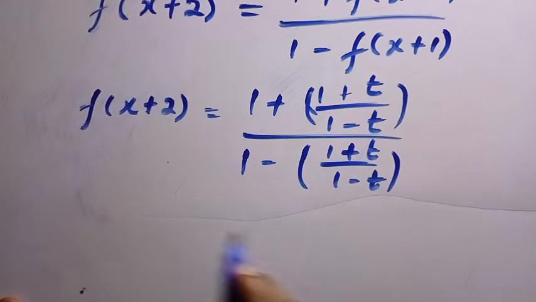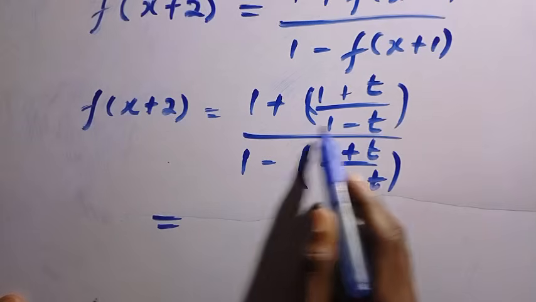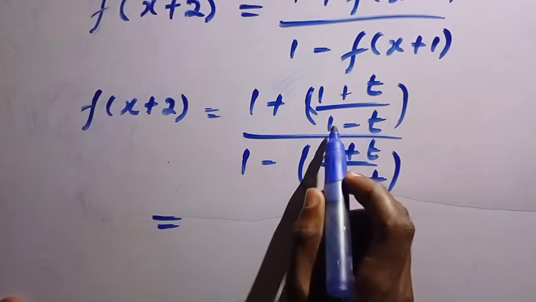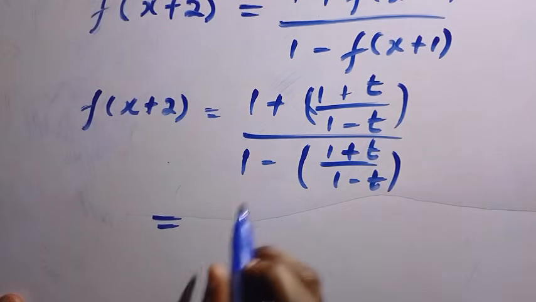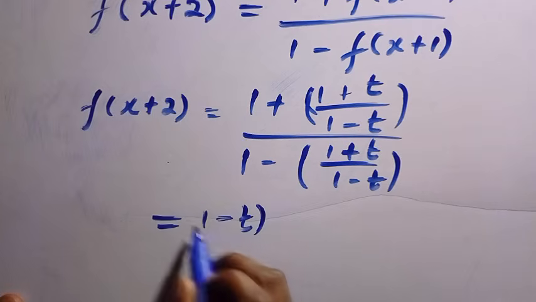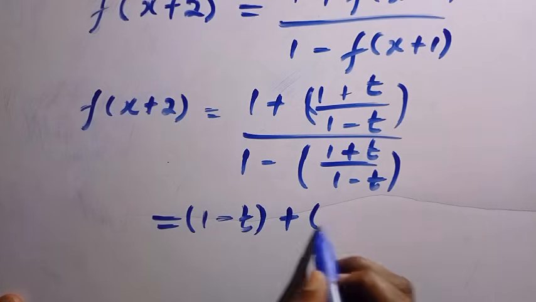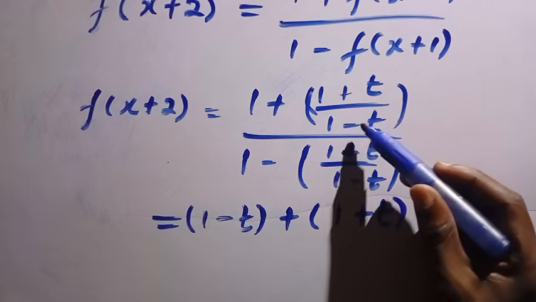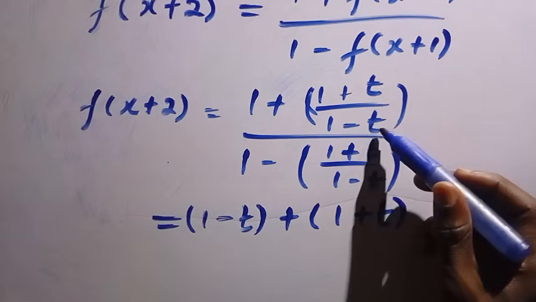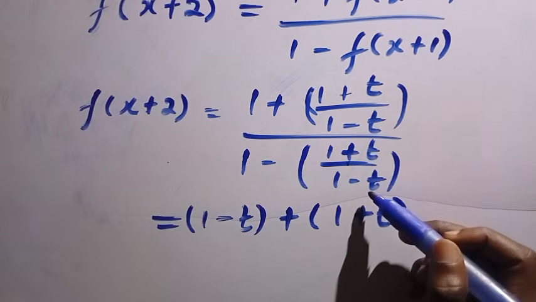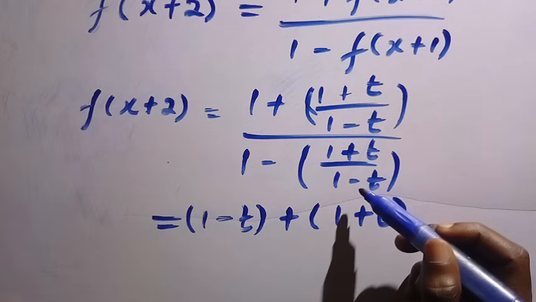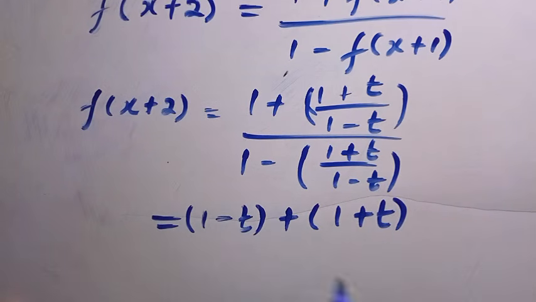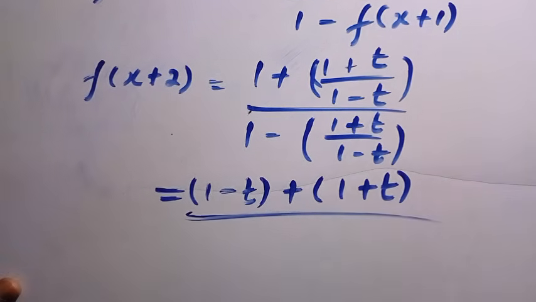If I expand this out, we find the LCM at the numerator and multiply (1 - t) with 1. So we have (1 - t) added with (1 + t), all divided by (1 - t). But we have 1 - t here and 1 - t here, so both of them cancel.